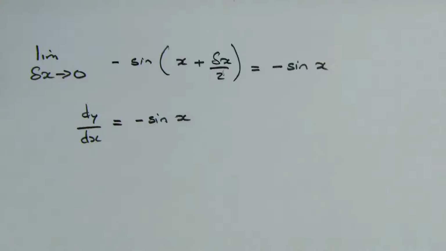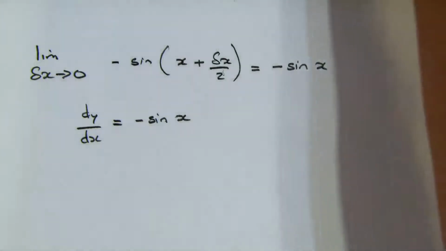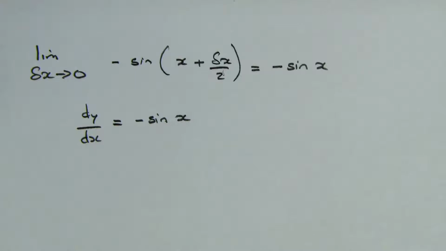Okay. Now, the ones that most people really don't like, we're going to have a look at the logarithm ones. We're going to look at this nasty thing called ln.